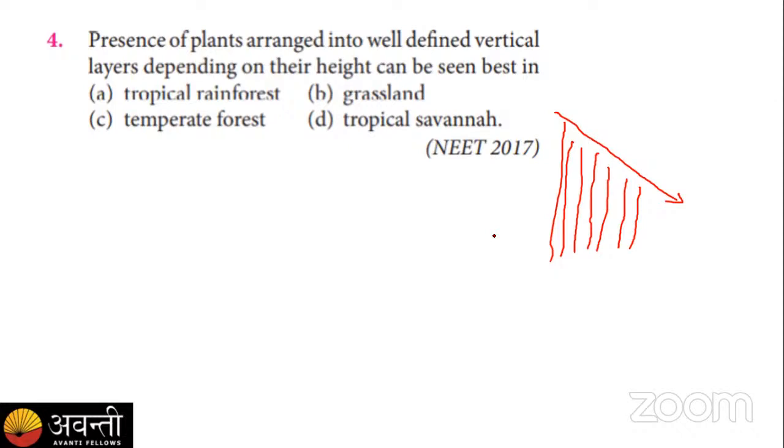This stratification is not found in temperate forests, because in temperate regions the climatic conditions are continuously changing, so there we don't find variety in biodiversity. So the answer remains A, tropical rainforest, because there we get the proper amount of moisture along with an unchanging, or constant, environment. Now moving towards the next question. Is it clear to you now?